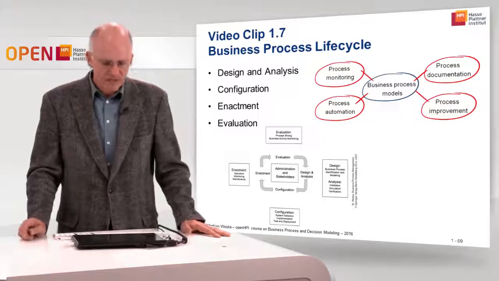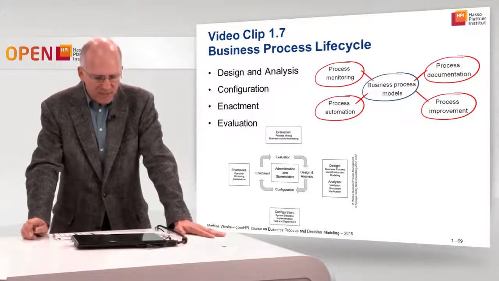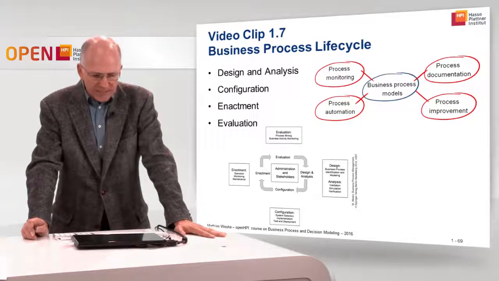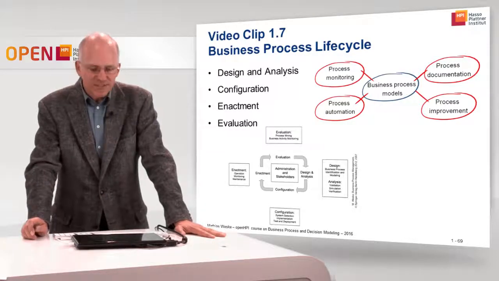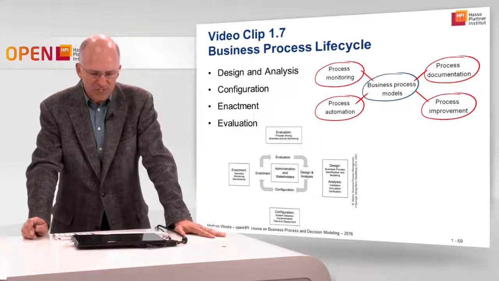That concludes the short video clip 1.7 about the business process lifecycle. We discussed 2 different life cycles, and there are many more. Probably you have seen the business process life cycle yourself already.